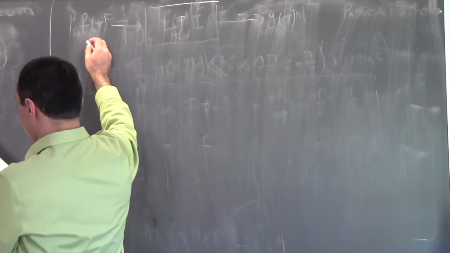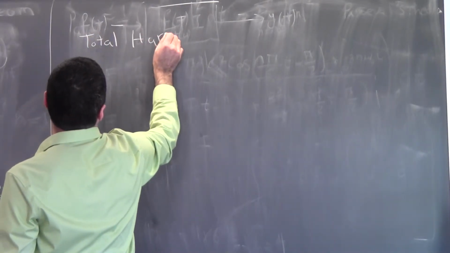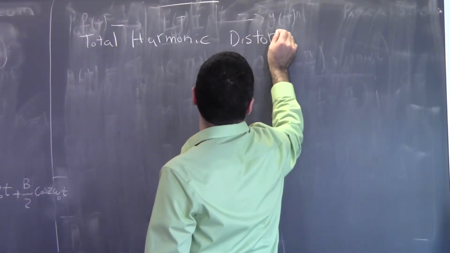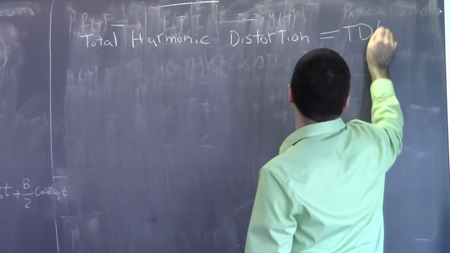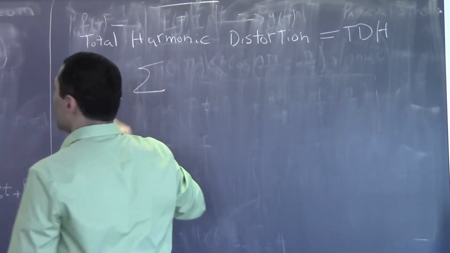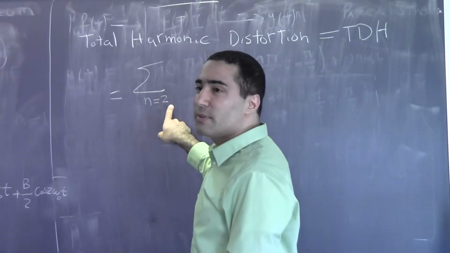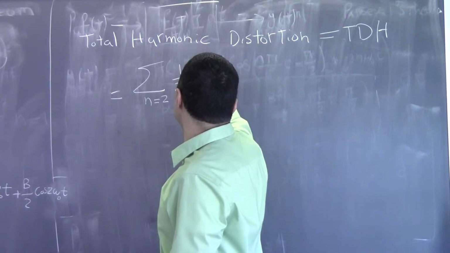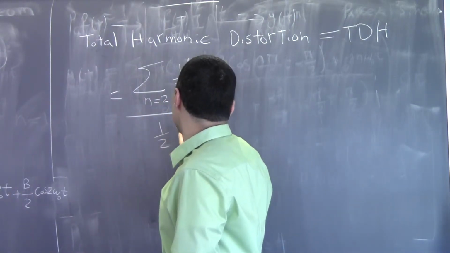So that's what we call total harmonic distortion, shown as THD. What it really means is the power in the components which come after the fundamental frequency, those c_n, you remember c_n, divided by the power in the fundamental signal.